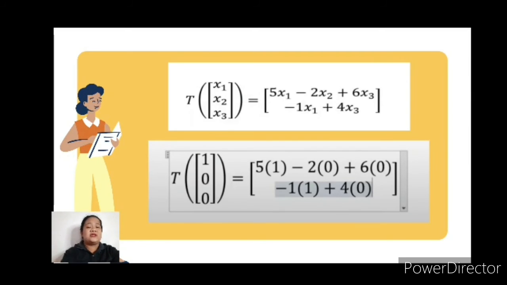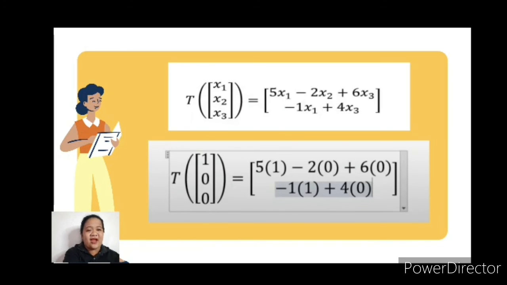Here, since it is in R^3, we have 1, 0, 0, then 0, 1, 0, and 0, 0, 1. To find the matrix of the given example, we use the identity matrix 1, 0, 0, 0, 1, 0, and 0, 0, 1.